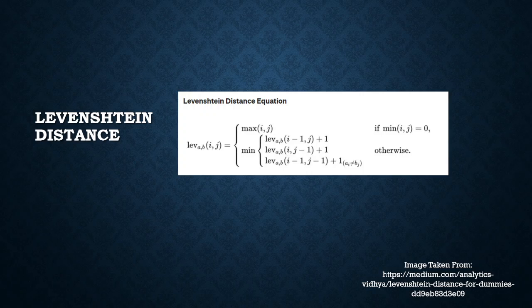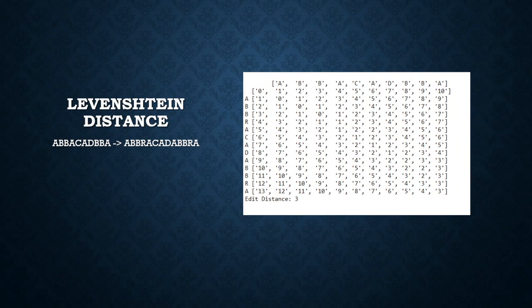Now, what they do to perform a Levenshtein edit distance is usually create a 2-dimensional array. So for our third example, we have taking the word abacadabra to abracadabra. All right, and we create this 2-dimensional array, and we start out with, okay, I'm at an absolute 0 here. And if I'm at an absolute 0, then I have to add an A, add a B, B, A, C, A, D, B, B, A. Right?